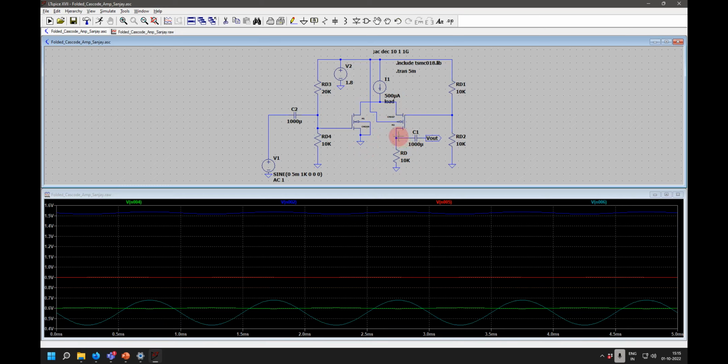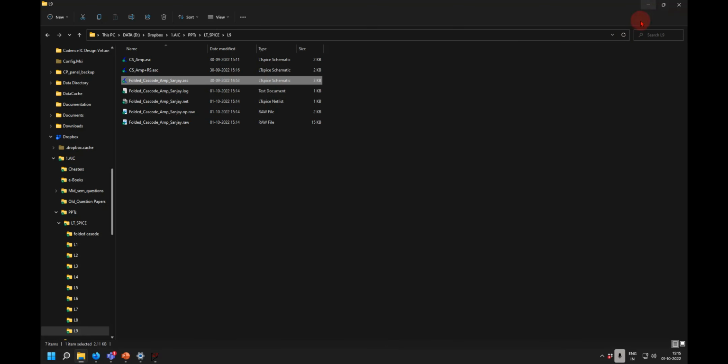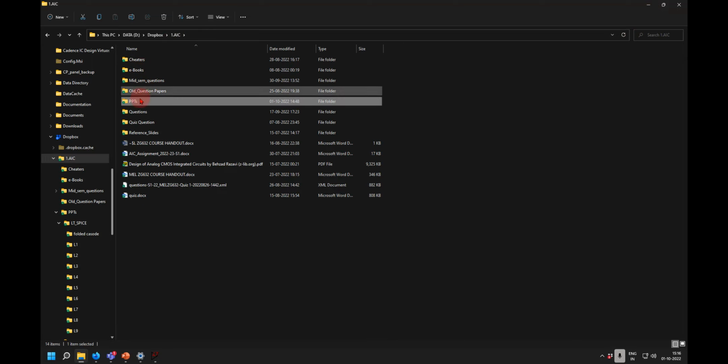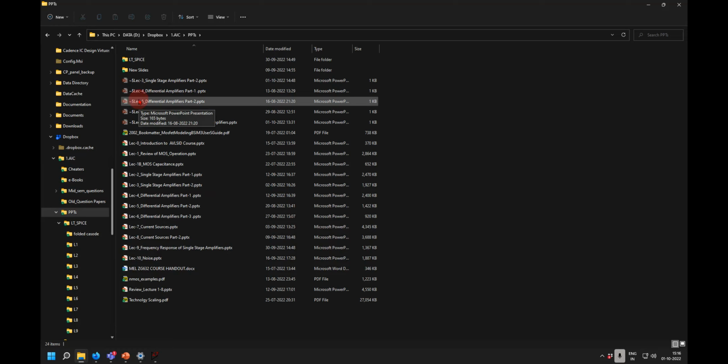Sir, for M1 and M2, we need to keep their GM values equal, so that GM into 1 by GM we can cancel out. No. But sir, as we discussed in the cascode, for good frequency response, we don't need any gain from the gate input to the M1 drain.